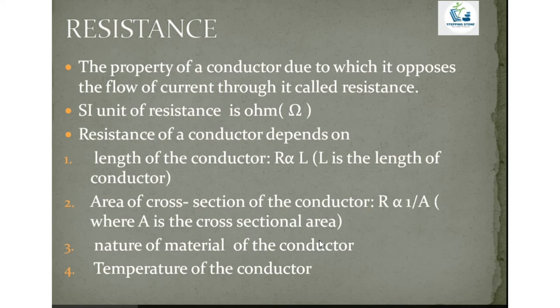But in case of a thin wire, the area of cross-section is less, and hence a thin wire has more resistance. All this because resistance is inversely proportional to cross-sectional area. Also, resistance depends on the nature of material of the conductor and temperature of the conductor.